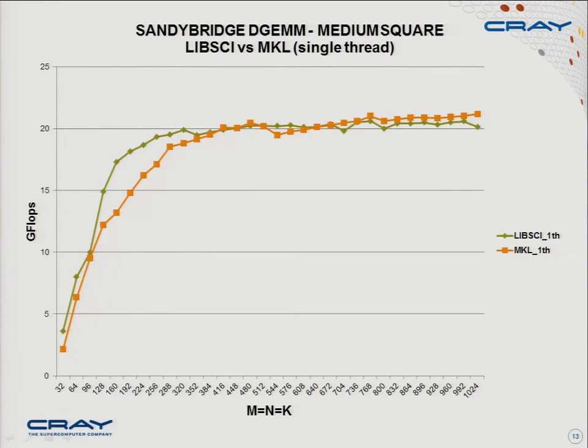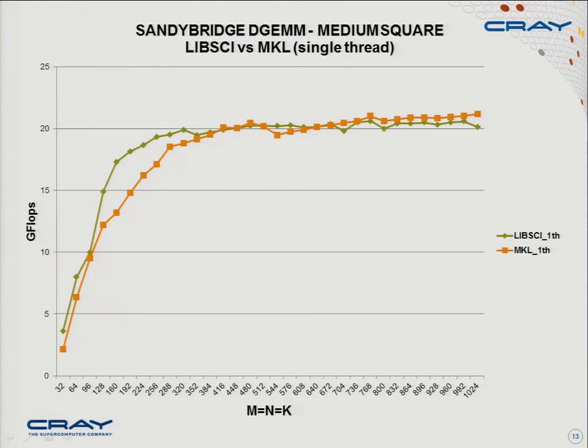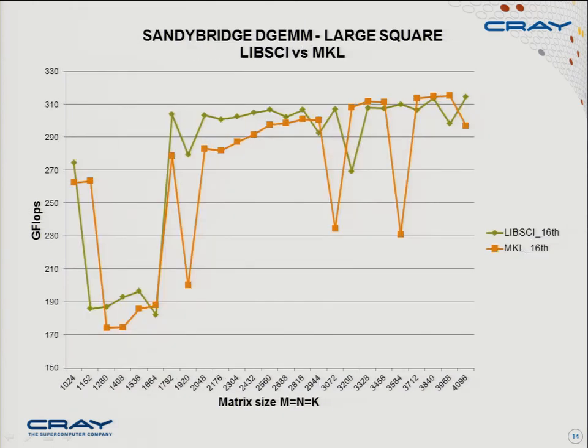This is for square matrix dimensions, but again, we also do other dimensions, and you see that in most of the cases we are better than MKL, okay? So we try to find the best kernels, the best performance from the node. This was for medium square matrices. This is for large square matrices, and again, you can see that we are trying to get the best performance here.